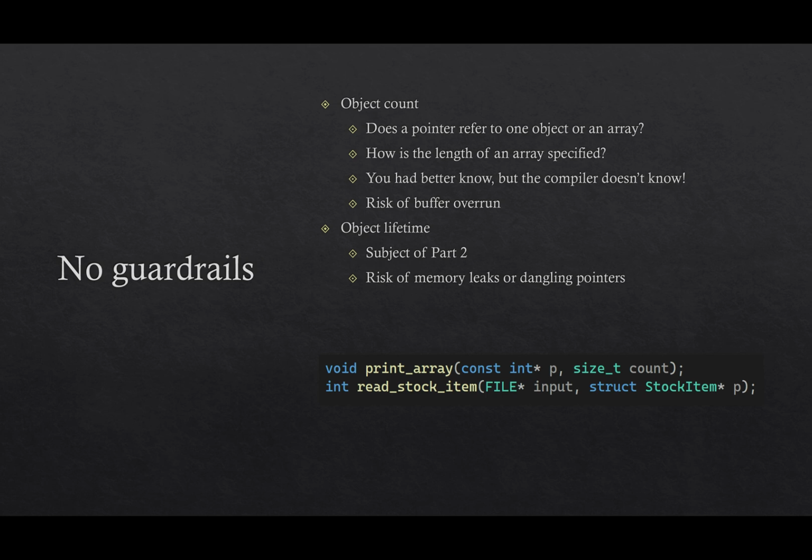Or even more seriously, it can lead to dangling pointers, where you might try to use an object after its memory has been freed and repurposed for something else, in which case you're going to get undefined behavior. So those are the ways in which the very flexibility of pointers means that there are very few guarantees that the language can provide to ensure that you won't get undefined behavior.